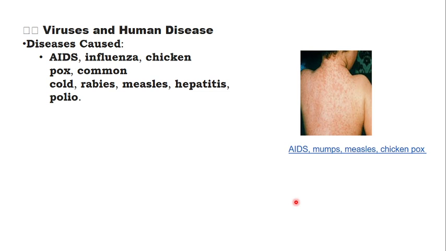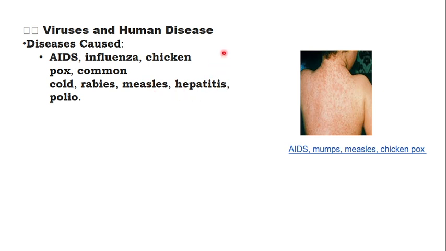So viruses can cause disease. As we have seen, bacteria can cause disease in human beings, specifically cholera, typhoid and so on. Also, viruses can cause disease in human beings. For example, there is HIV/AIDS, influenza, chicken pox, common cold, COVID-19, rabies, MERS, hepatitis.